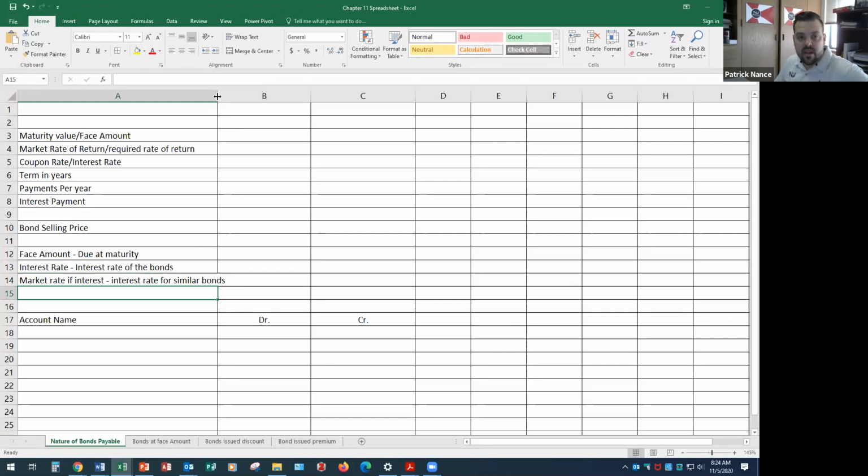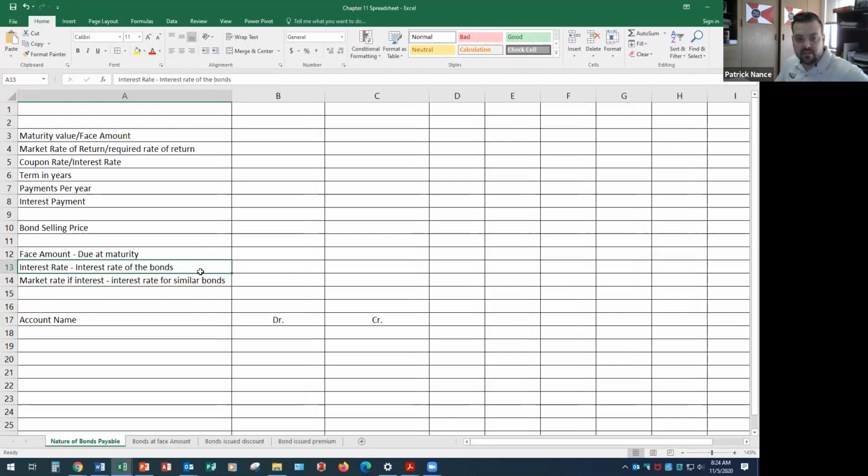So the interest rate is the rate that we actually pay in cash, but the market rate of interest becomes the effective interest on the bond, because bonds sell for either more or less than their face value based on the difference between the interest rate, or the coupon rate, and the market rate of interest.